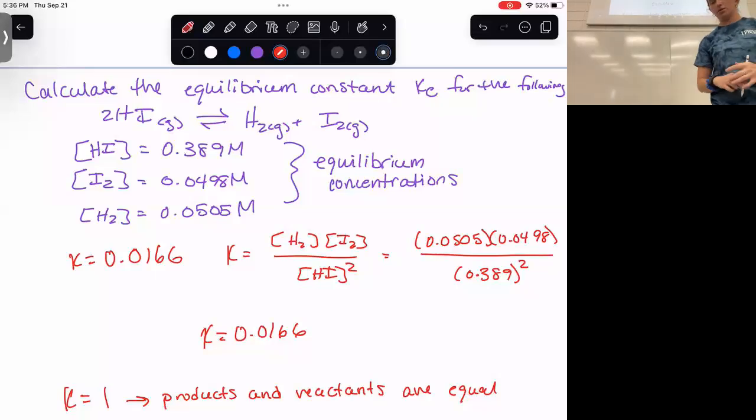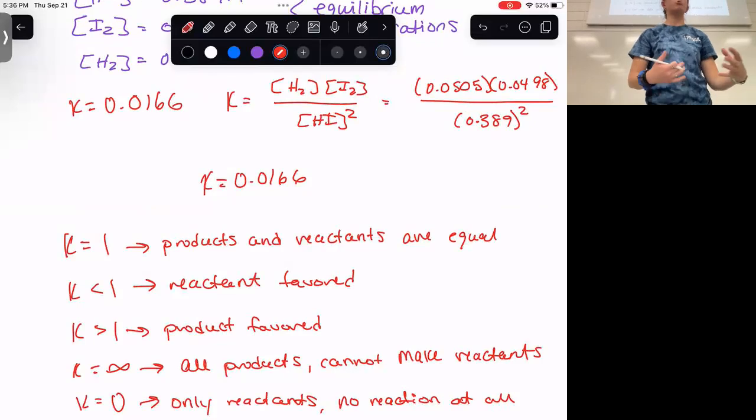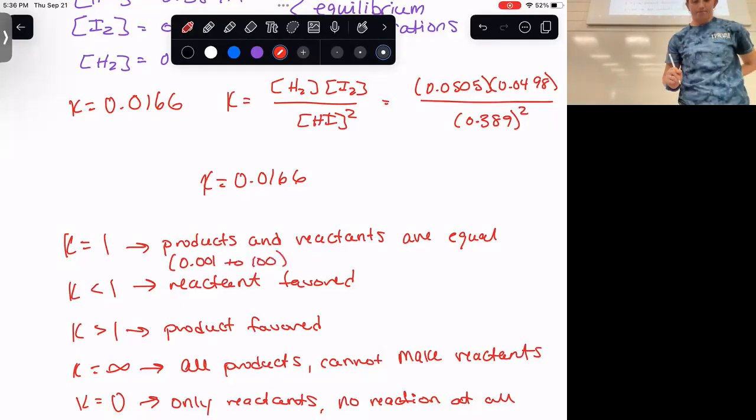So you can say K equal to 1 is product and reactant favored. It's more of a range of 0.001 to 100, or maybe 0.01. Whatever, it's about that.